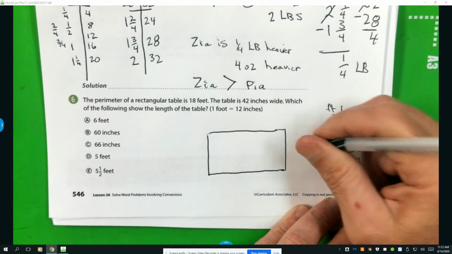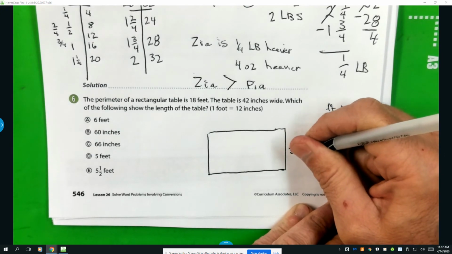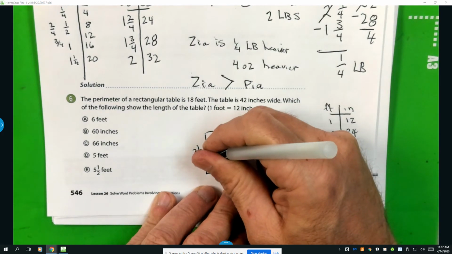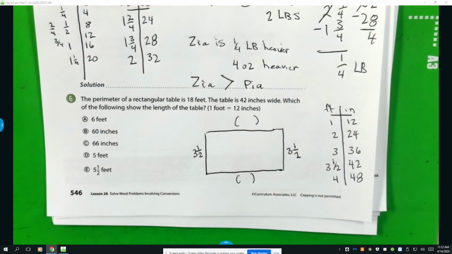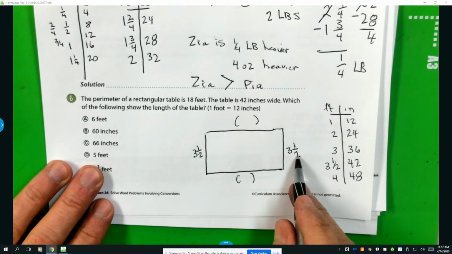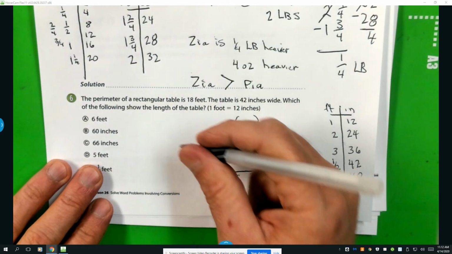Okay, so we can write this. We have 3 1/2 here, 3 1/2 here. We've just got to figure out what these two are. So first thing I'm going to do, I'm going to add 3 1/2 plus 3 1/2. It's going to give me 7.